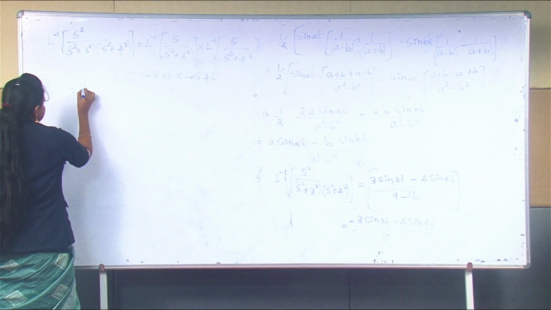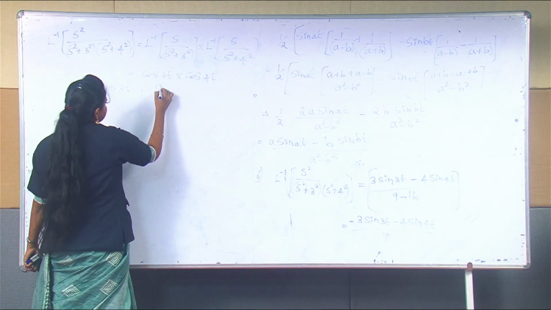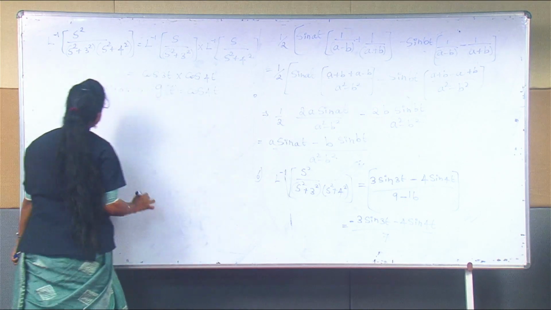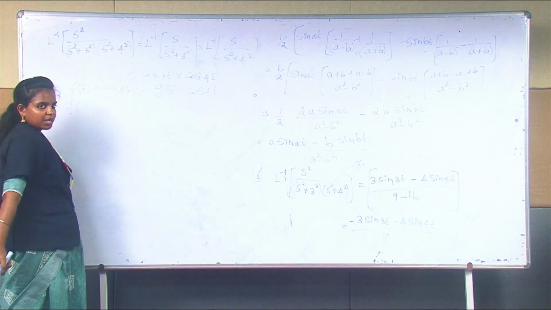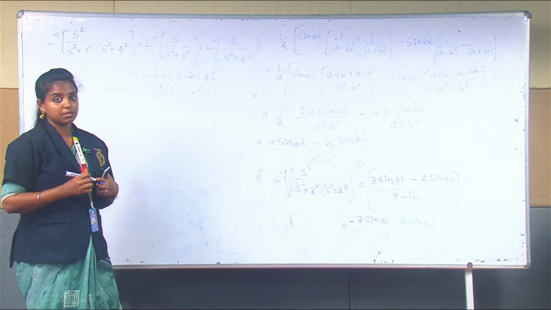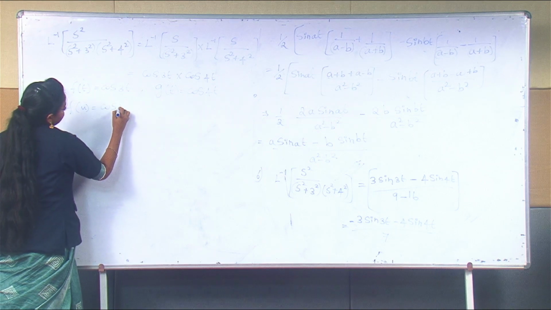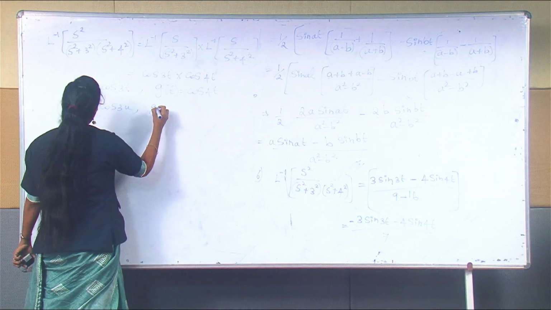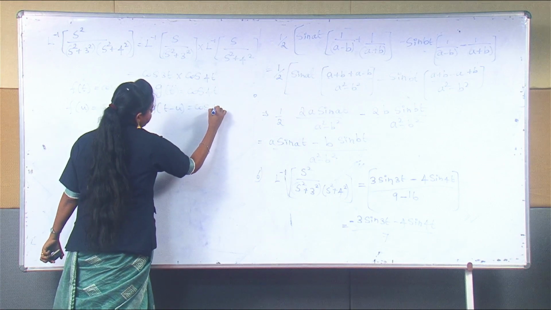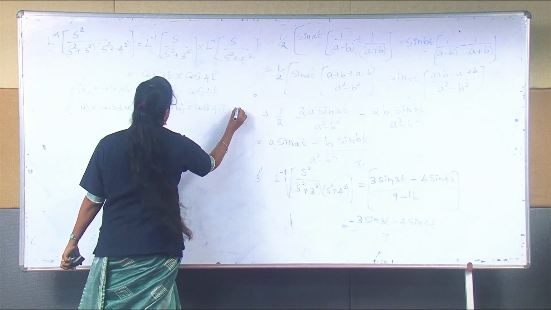Here f of t is cos 3t and g of t is cos 4t. To apply the convolution theorem, we have to know what f of u and g of t minus u are. So f of u is cos 3u and g of t minus u is cos 4(t minus u).